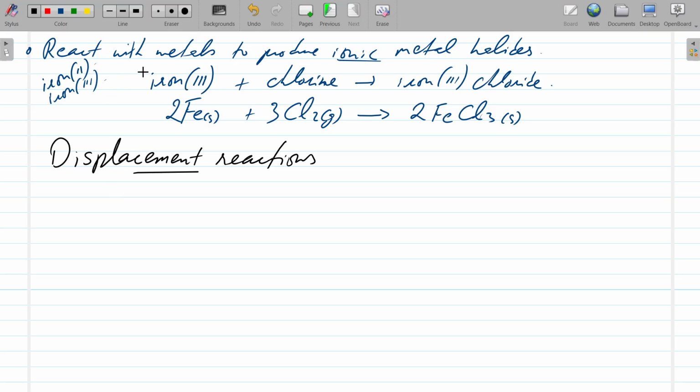We just talked about the fact that these halogens can react with metals to form ionic metal halides, and this was an example of chlorine reacting with iron, which is a transition metal. But for example, you have potassium iodide, potassium reacting with iodine.